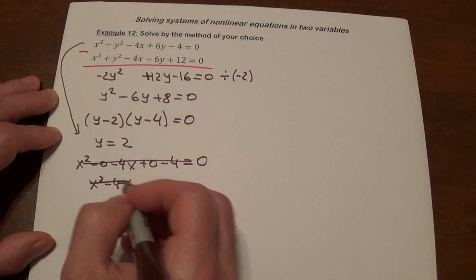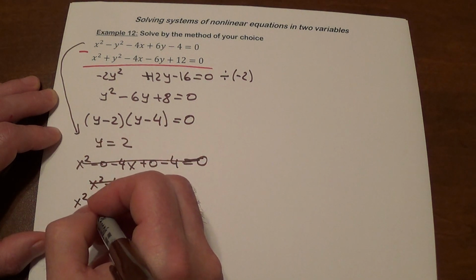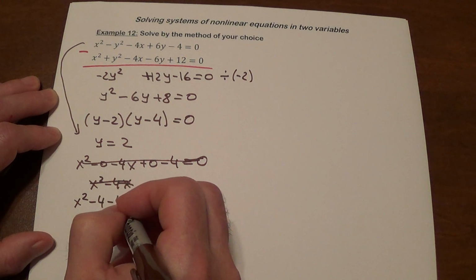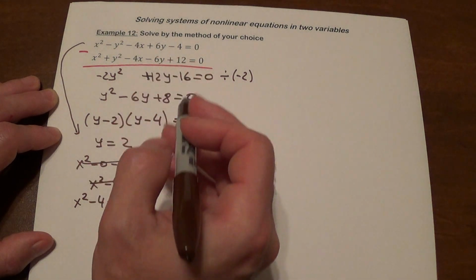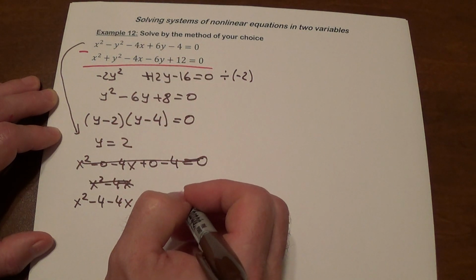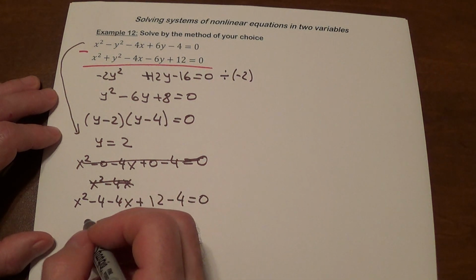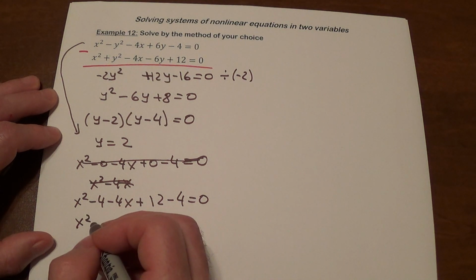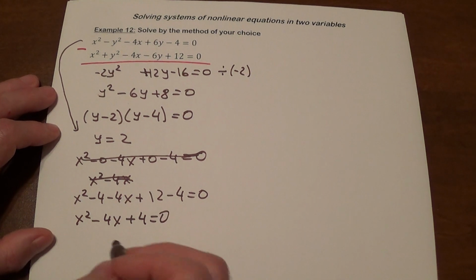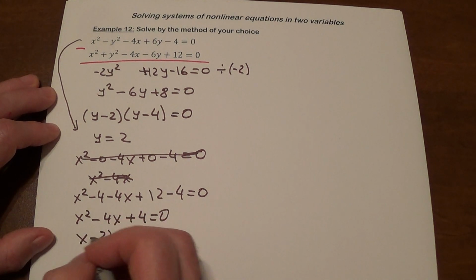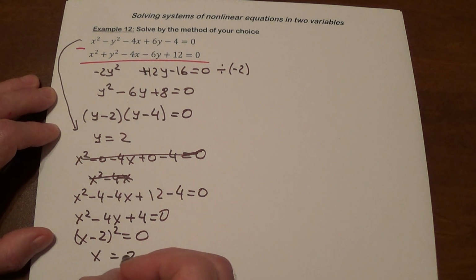I made a mistake here, hold on a second, I'll fix it. Replacing y with 2, that's going to give us x squared minus 4 minus 4x plus 6 times 2 is 12 minus 4 equals 0. Alright, now we got it. When you simplify everything, it's x squared minus 4x plus 4 equals 0. That's x minus 2 squared equals 0, which gives you x equals 2.